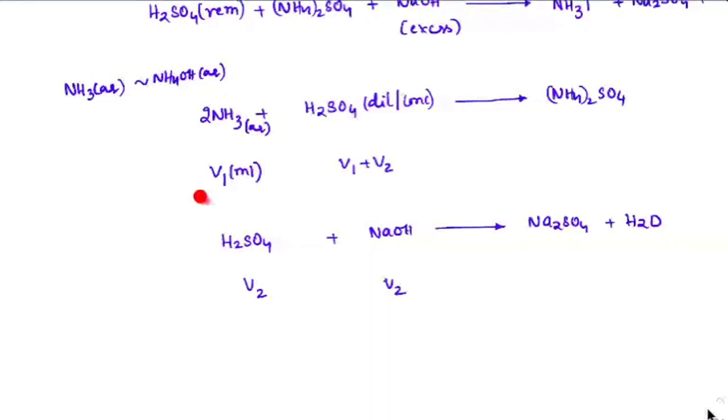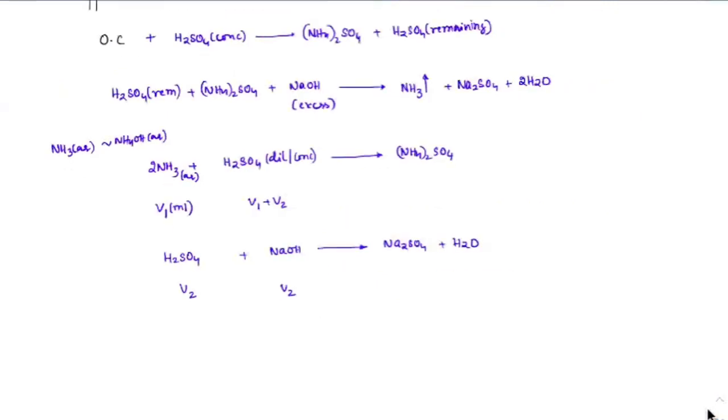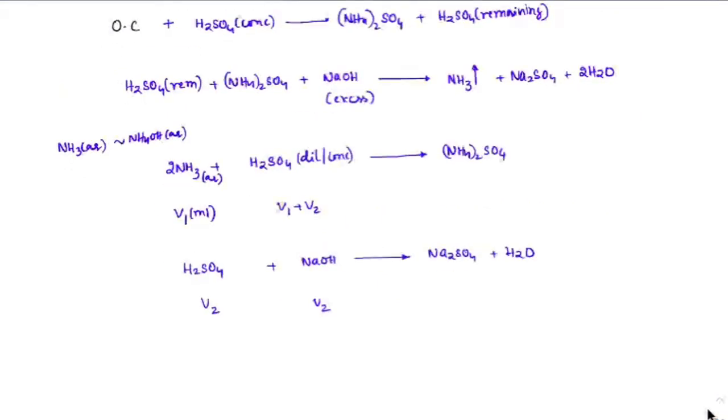So if you take the same concentration of all three, ammonia, H2SO4 and NaOH, then V1 volume of ammonia will be consumed by V1 volume of H2SO4. The leftover V2 volume of H2SO4 will be consumed by V2 volume of NaOH. I hope all of you understood that. So quantitatively, we are finding out the amount of ammonia.